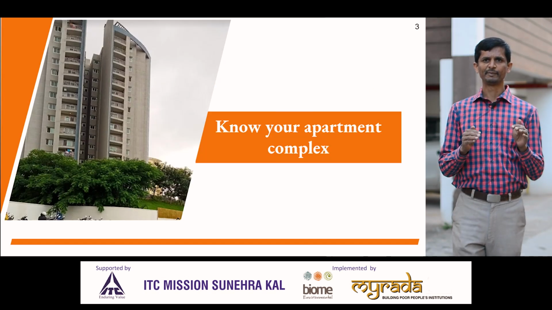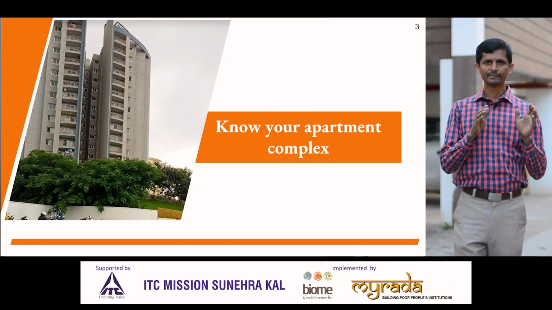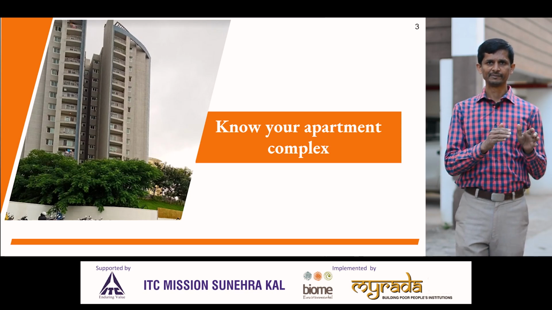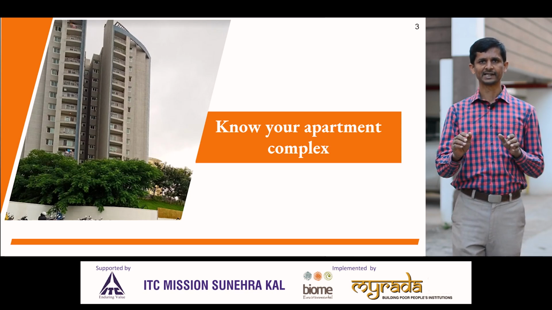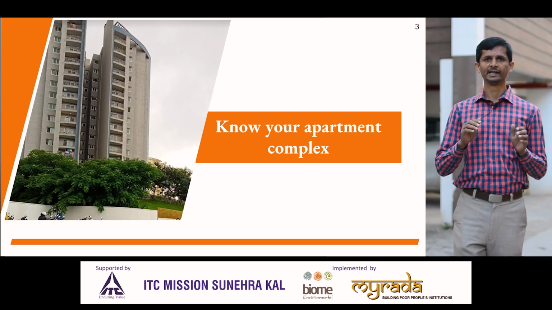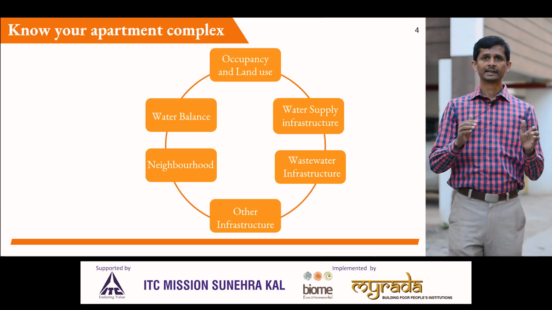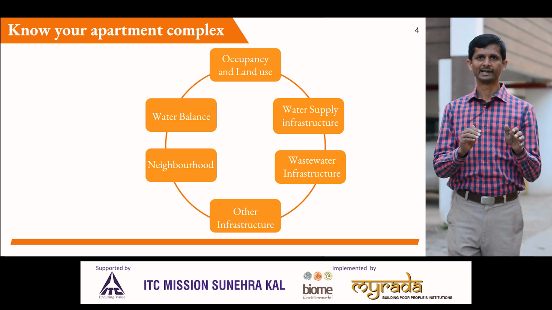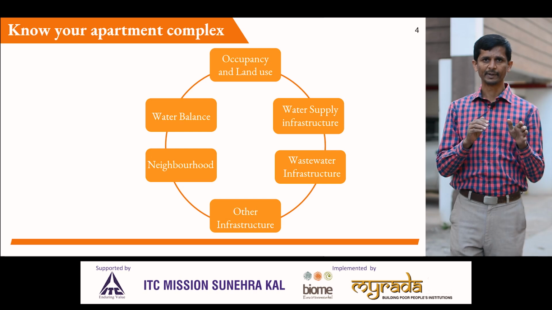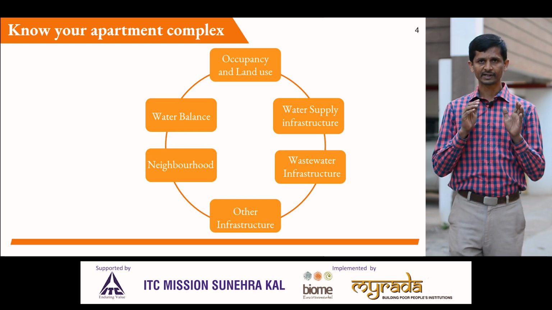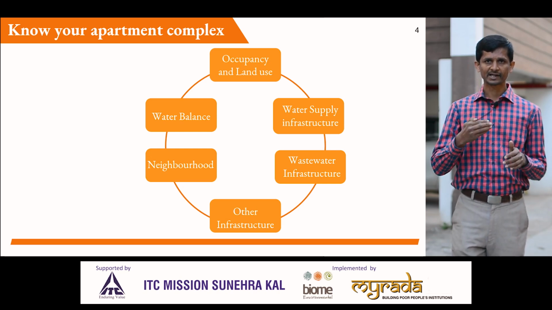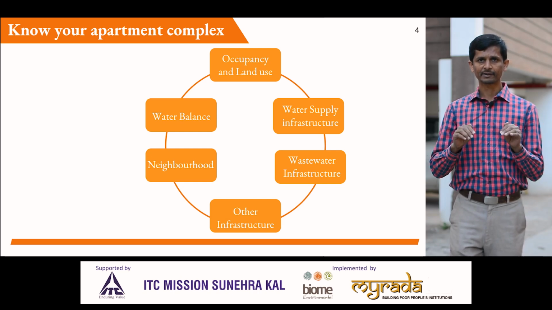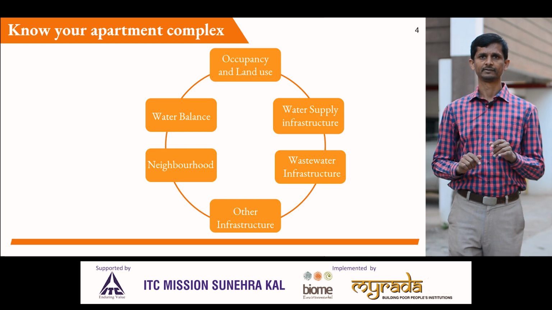Before designing and implementing any intervention, it is recommended to know about your apartment in detail. All this information is critical to plan the sustainable water management initiatives in your apartment. The main aspects to document are understanding your apartment history, the land use and occupancy, water supply and wastewater infrastructure, the other infrastructures, the neighborhood of your apartment, and the present water balance of your apartment.